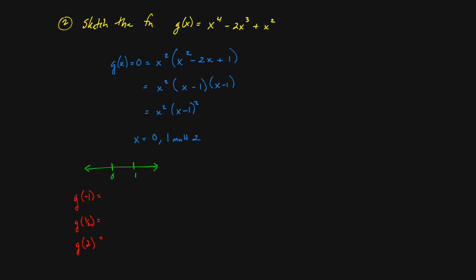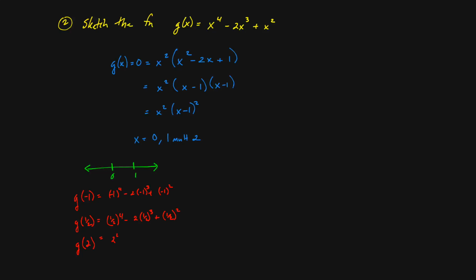If we plug those in quickly, we'll get negative 1 to the 4th minus 2 times negative 1 cubed plus negative 1 squared. And this one's going to be 1/2 to the 4th minus 2 times 1/2 to the 3rd plus 1/2 squared.